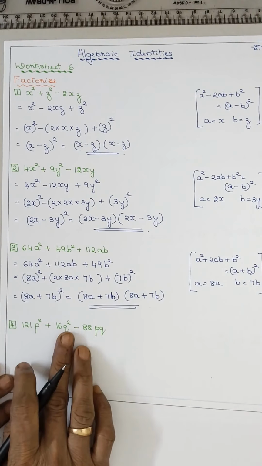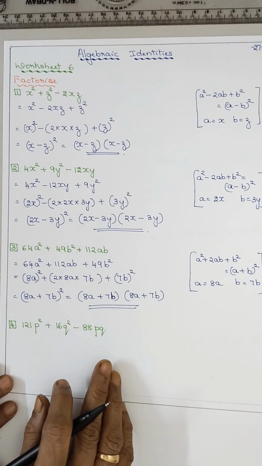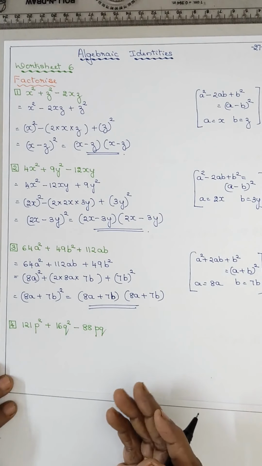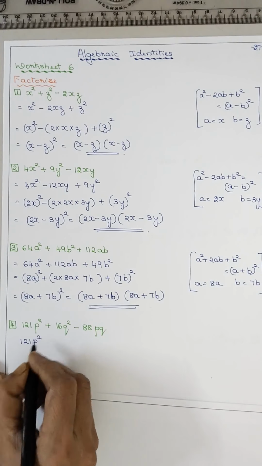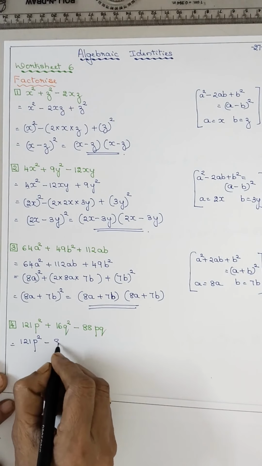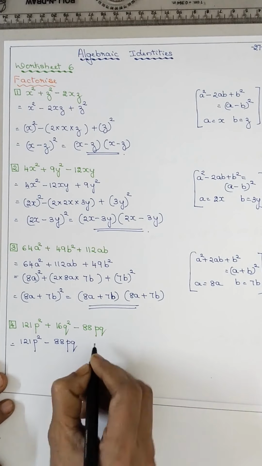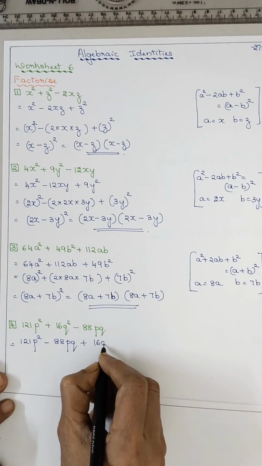Now here squares are first and then the pq. Rearrange. 121p squared minus 88pq plus 16q squared.